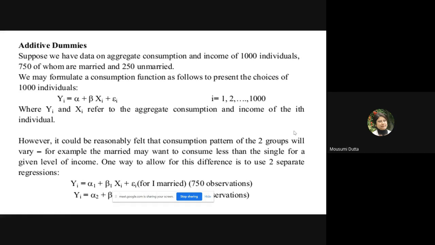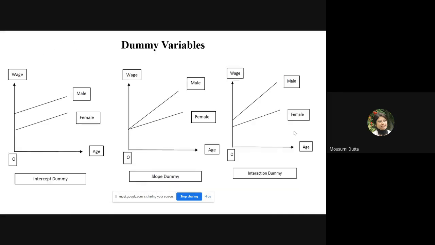The intercept dummy is also called the additive dummy, whereas the slope dummy is also called the multiplicative dummy. When we are talking about multiplicative dummy, actually we are taking care of both the second and the third cases.